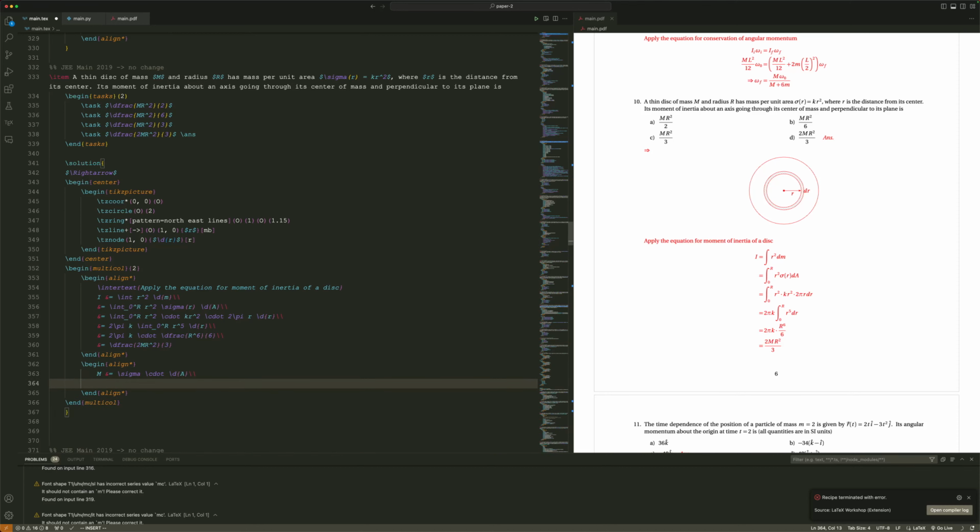This will be the right, and sigma 2 pi r dr, yes. Sigma as a function of r we can put in much better form. So sigma as a function of r, and now we can put sigma as k r square.